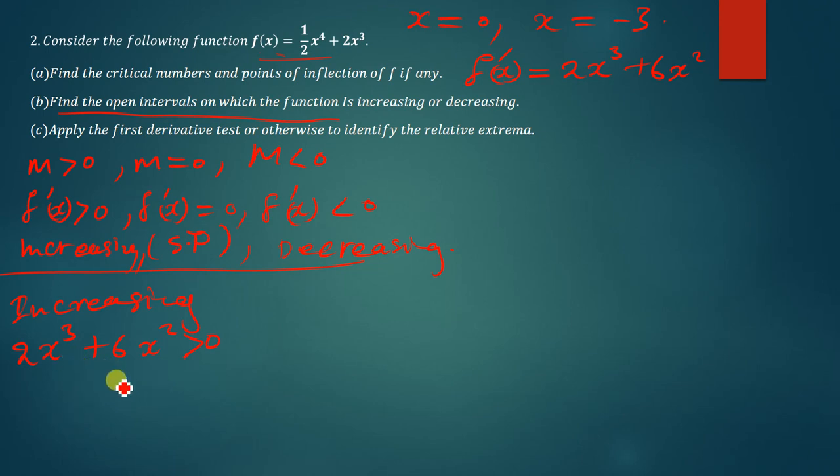So what you do is you find the critical numbers of this function, which we did. We found these two, and after finding those two, you now test them in this expression. So we're going to draw a simple number line, and then I'll put my critical numbers. I'll have 0 there, and then I'm also going to have, oh, it's supposed to be negative 3. So let me do this.